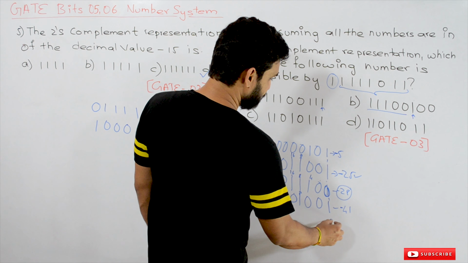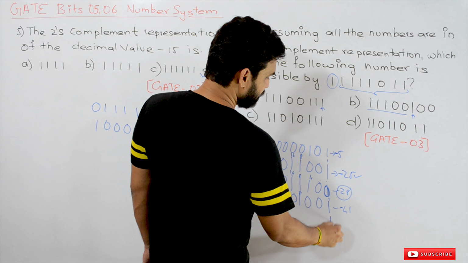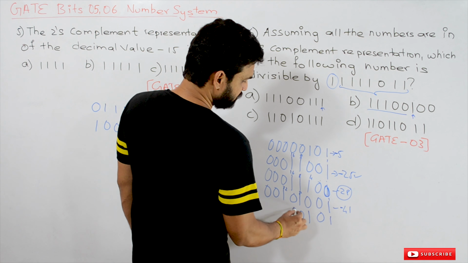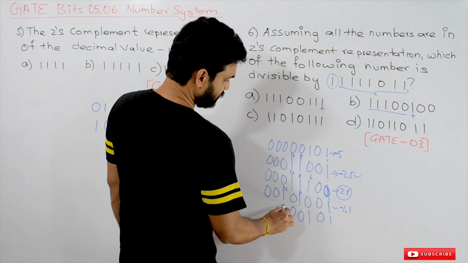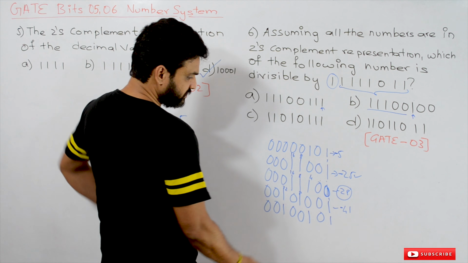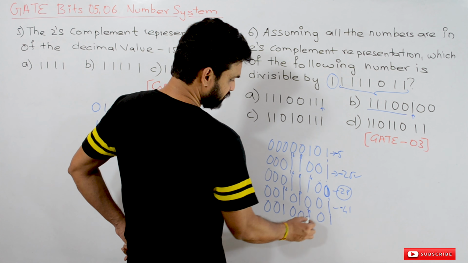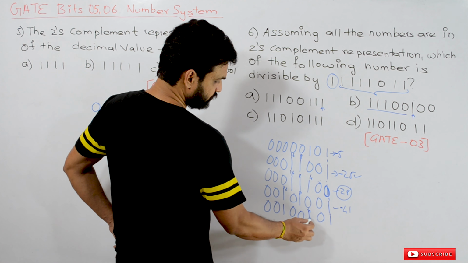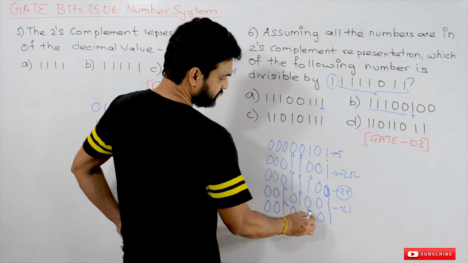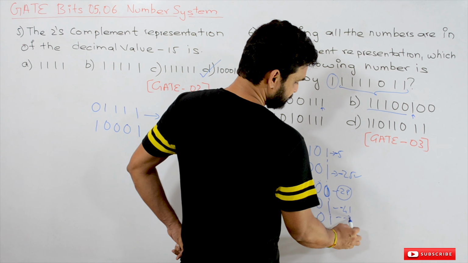Similarly, what is the 2's complement of this number? The decimal equivalent is 32 plus 4, 36, plus 1, so minus 37.